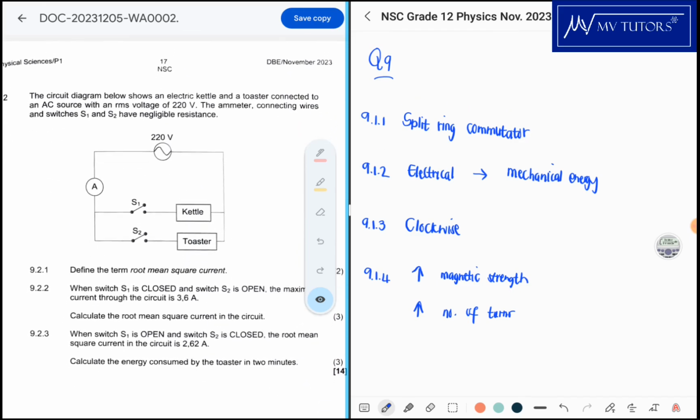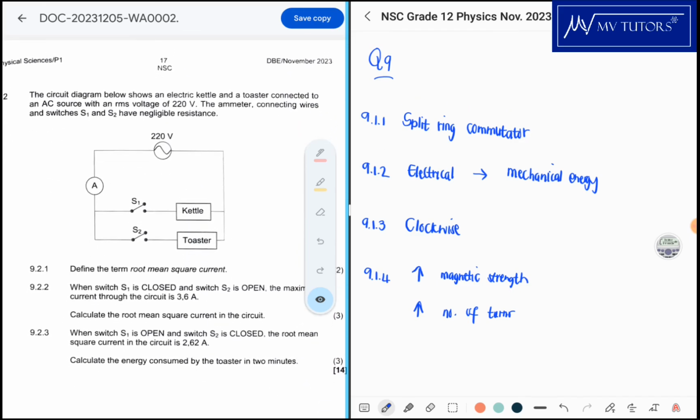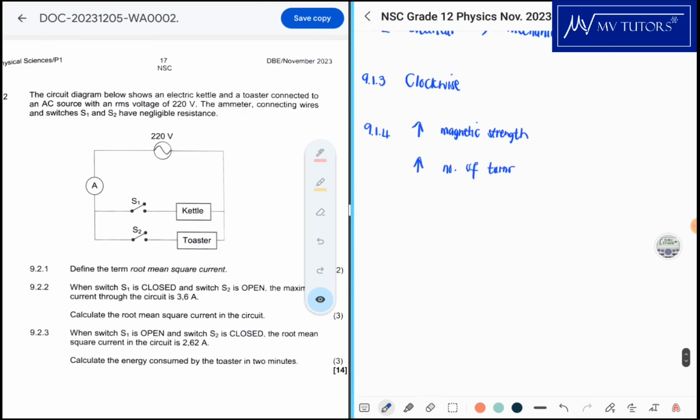Okay, now we have 9.2. Okay. All right, so with 9.2, okay, let me just read what's happening there first. So the circuit diagram below shows an electric kettle and a toaster connected to an AC source with an RMS voltage of 220 volts.